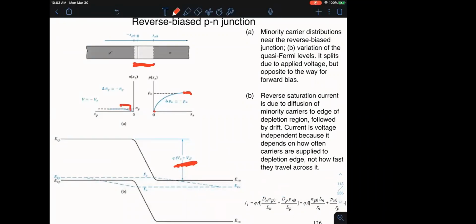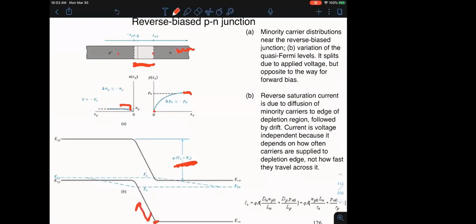Okay. And the reason they get pulled down, on the N side, as I've said, you have a few minority carrier holes, which over here don't see an electric field. They're executing random Brownian motion. But then once in a blue moon, they appear at the edge of the depletion region. And if they do, on the N side, these minority carrier holes, once they appear at the edge of the depletion region, they see electric field, they're swept right across. Okay.